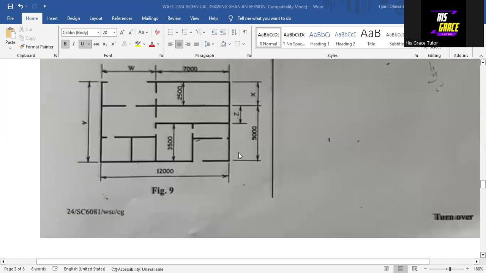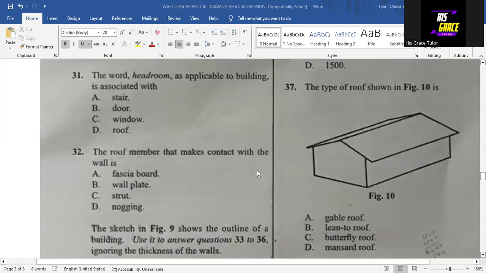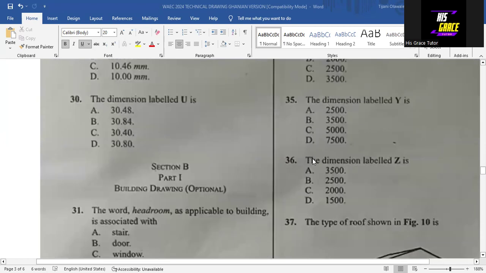This is where we have Y. From here to here is 5,000. Then from here to here is 2,500. So 2,500 plus 5,000 gives us 7,500. So option D is the answer to question 35.